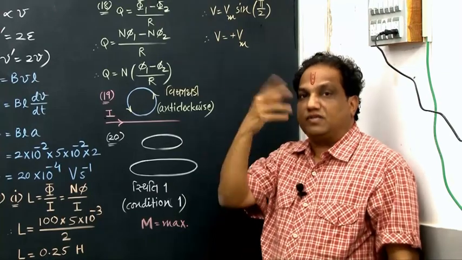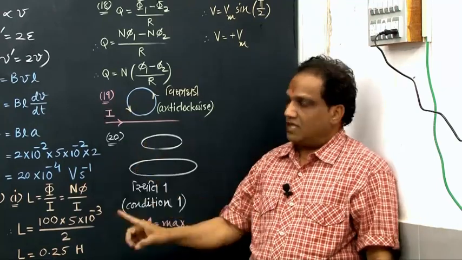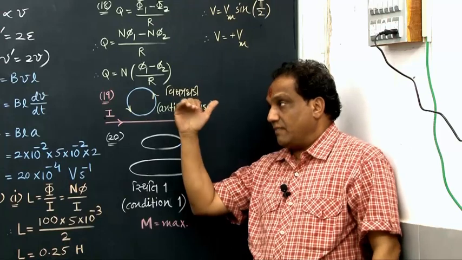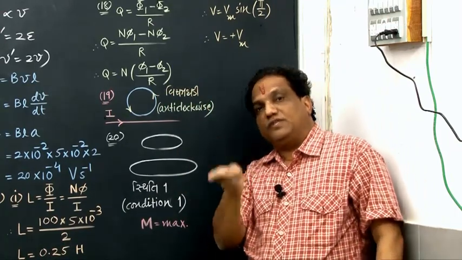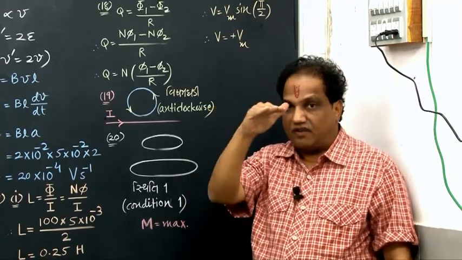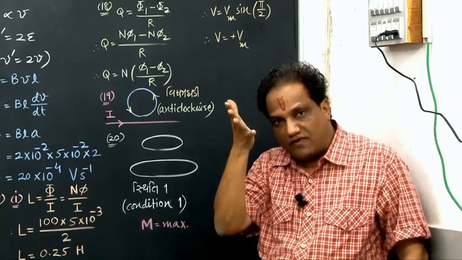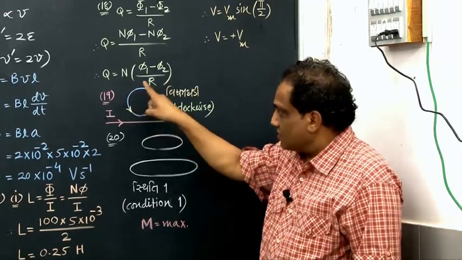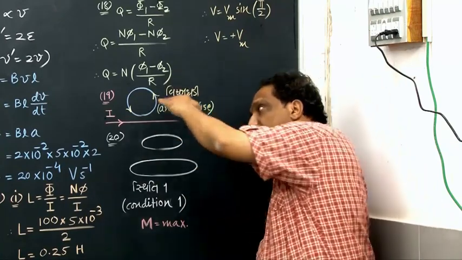Okay. Now in examination, they may give that current is increasing with time. If this current is increasing with time, then it will increase the magnetic field perpendicularly outside. Then induced current should flow in such a direction that the increase in magnetic field is opposed. To oppose the increase in magnetic field, the magnetic field should decrease, and for that case, the induced current should flow clockwise so that it will produce its own magnetic field inside.